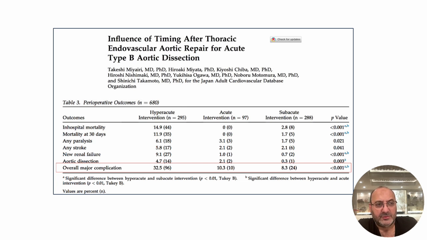Almost all studies unanimously show that the best way to do these cases is in the subacute stage. And if you look here overall, major complications are 32% in the hyperacute stage, versus 10.3% in the acute stage, versus 8.3% in the subacute stage.